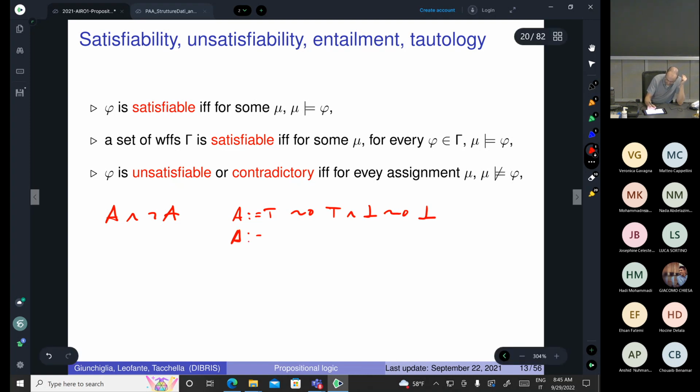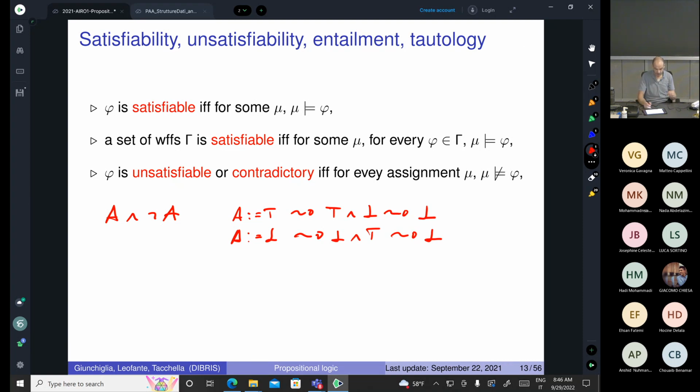If you assign A to false, the formula becomes false and true, which is clearly false. Here I'm abusing the notation a little bit by introducing these constants, but we said that we allow ourselves to do that, because once we have just a formula made with these constants, it's easy to see what the result is.